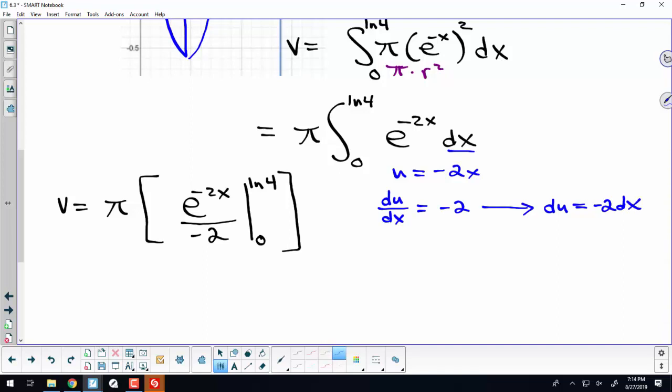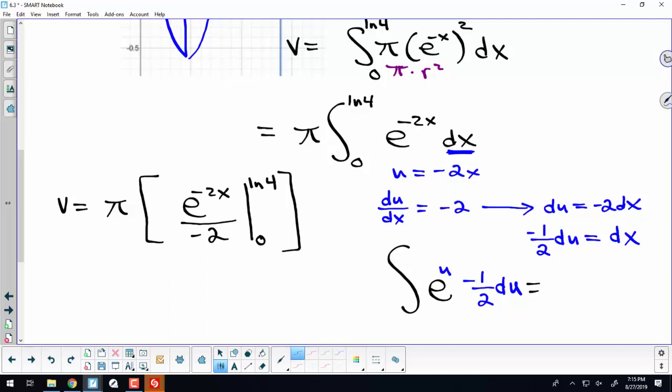Well, we only have a dx here. We don't have that negative 2. So we're going to put that negative 2 over here with the du to account for that dx. So then that negative 1/2 du was replacing the dx, and e to the negative 2x is e to the u.